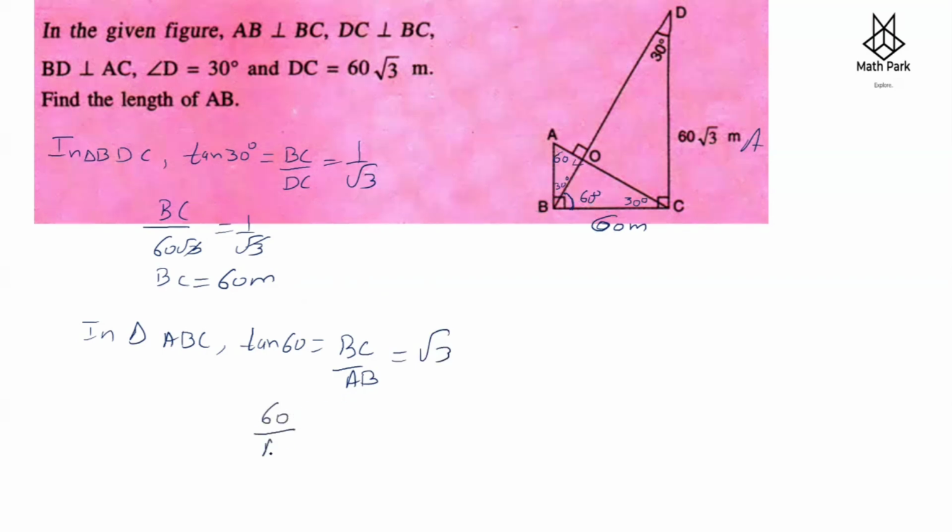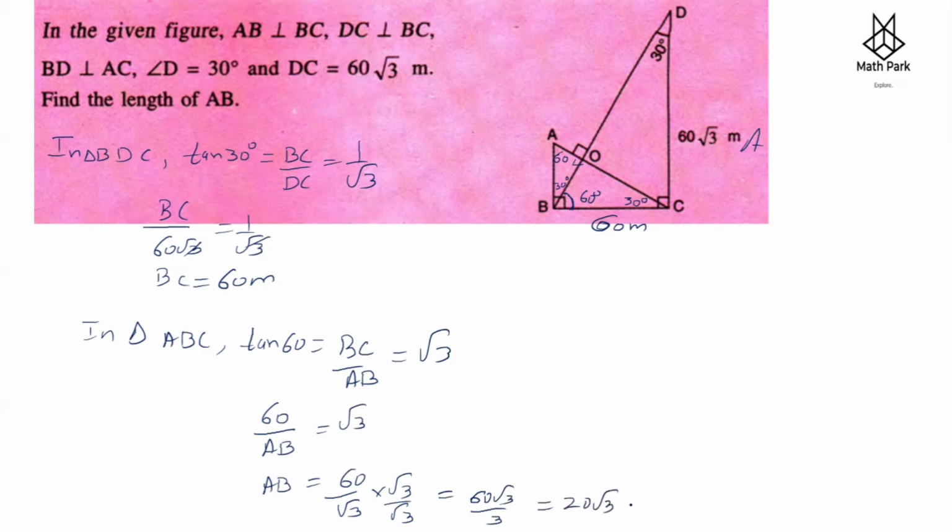So 60 upon AB is equal to root 3, or you get AB is equal to 60 upon root 3. Let us rationalize this. Multiply by root 3 upon root 3, and root 3 times root 3 is 3, so you get 60 root 3 upon 3, which is equal to 20 root 3 meters.